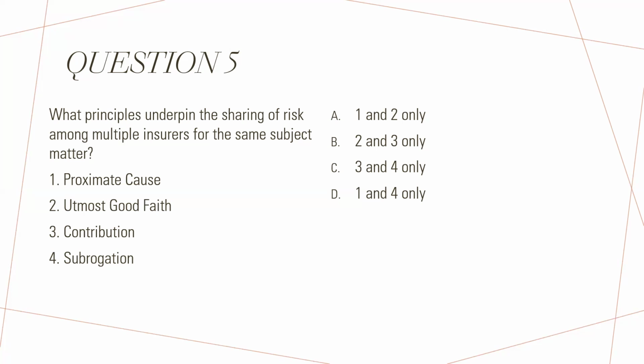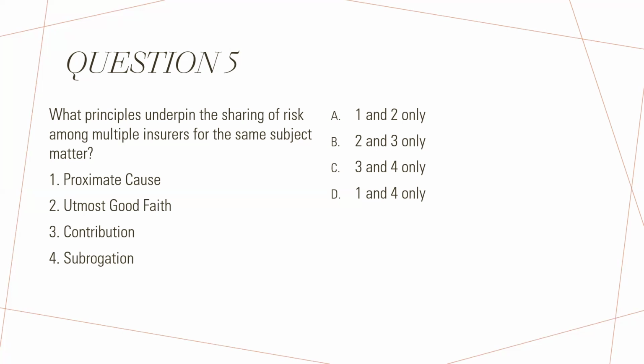And the other one here is number four, subrogation. Subrogation means the transfer of the right to sue the party that caused the damages from the insured to the insurer.